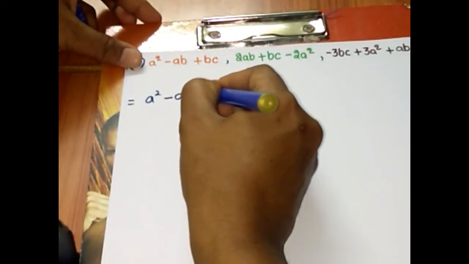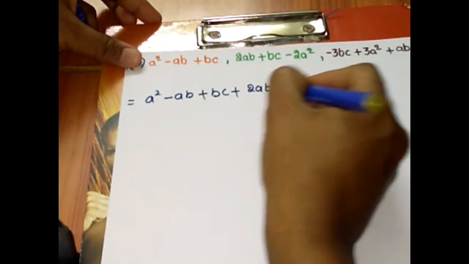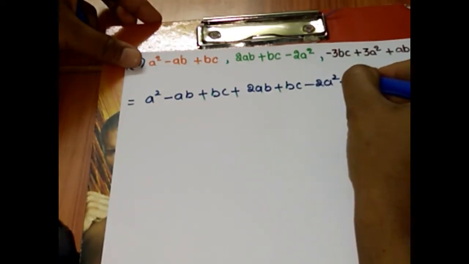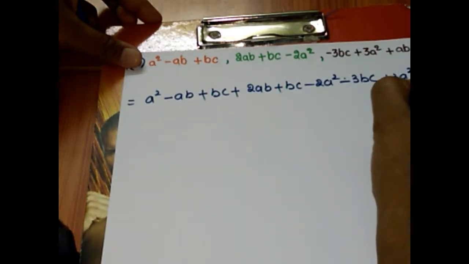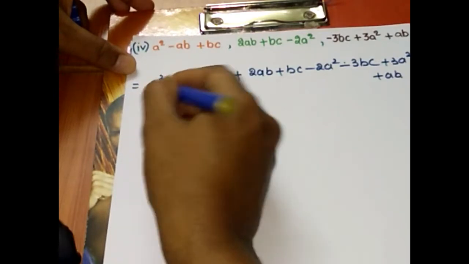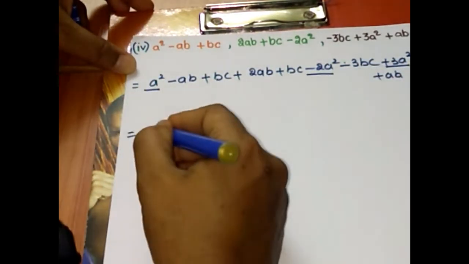A square minus AB plus B square, plus 2AB plus BC minus 2A square, minus 3BC plus 3A square plus AB. Identify the like terms. A square minus 2A square plus 3A square.